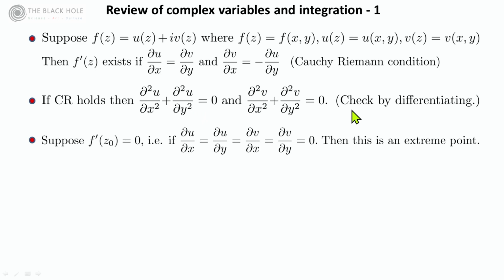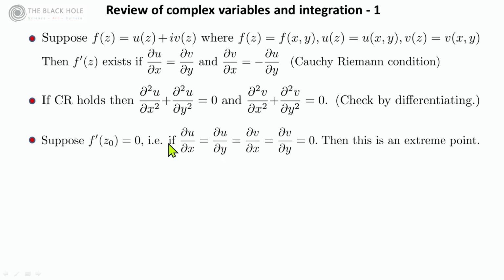Okay, now suppose there's a function which has an extreme point. So its derivative at that point in the complex plane is 0. And of course, if the derivative is 0, that means the real part and the imaginary part, whether differentiated with respect to x or y, must be 0.